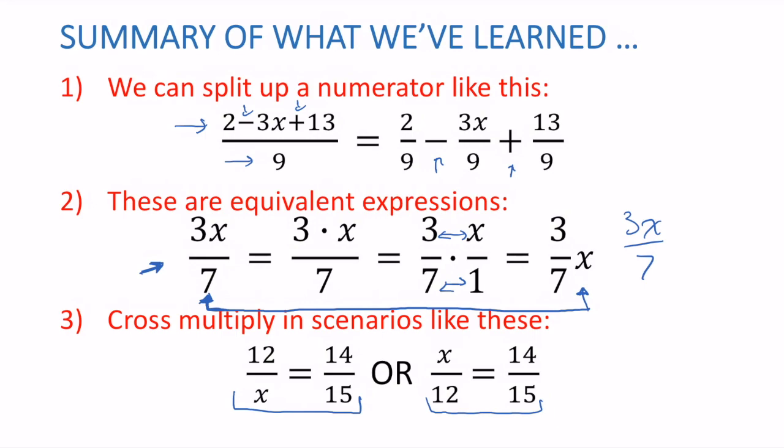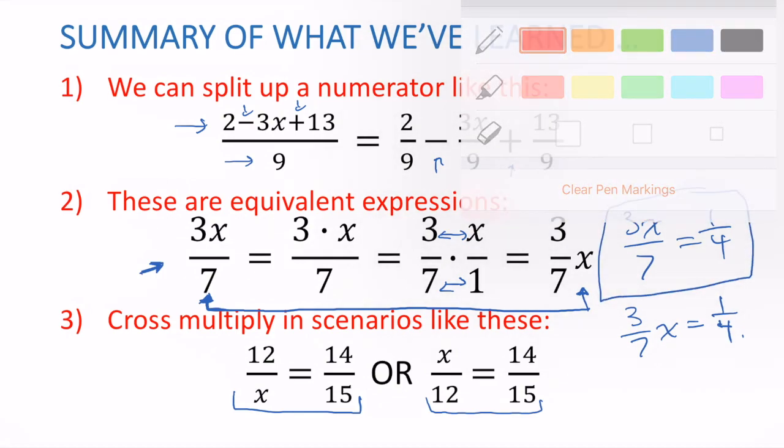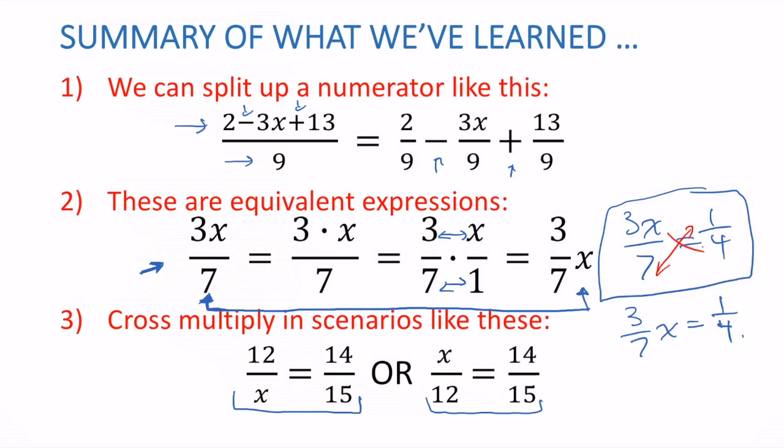And this is when it's advantageous to keep it in that form, is when you have sort of a fraction on both sides. It's not as easy to see if you had written it like this. So sometimes it's nice to keep it in this form, especially if you want to cross multiply. And in that case, this one would be 3x times 4, that'd be 12x. And the right-hand side would be 7 times 1, which is 7. Neat, right? Yeah, I thought so too.